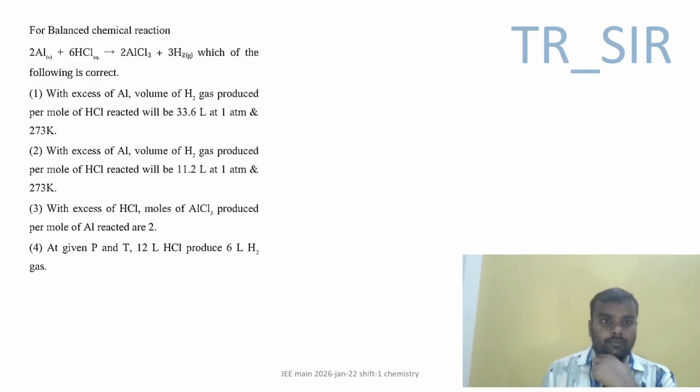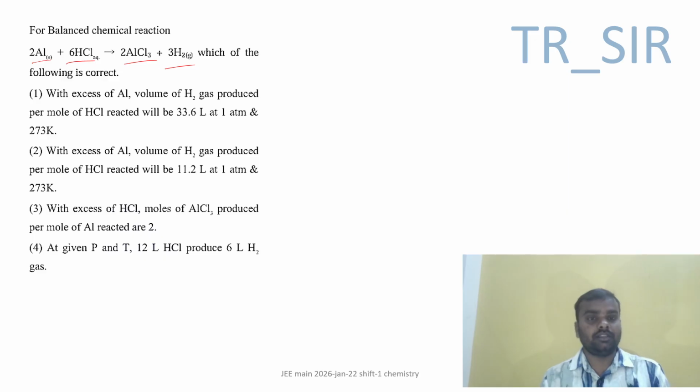Now here what will happen? Here the question gives the equation: aluminium solid, HCl aqueous, forming AlCl3 and H2 gas. Which of the following is correct, they're asking. With excess of aluminium, they told the volume of H2 produced per mole of HCl reacted will be 33.6 liter at atmosphere.